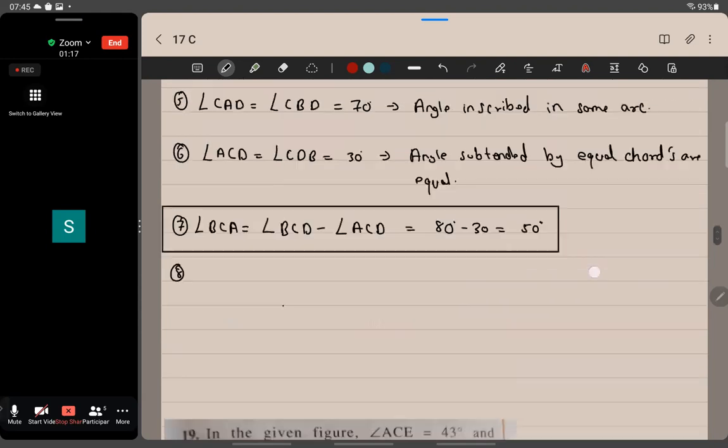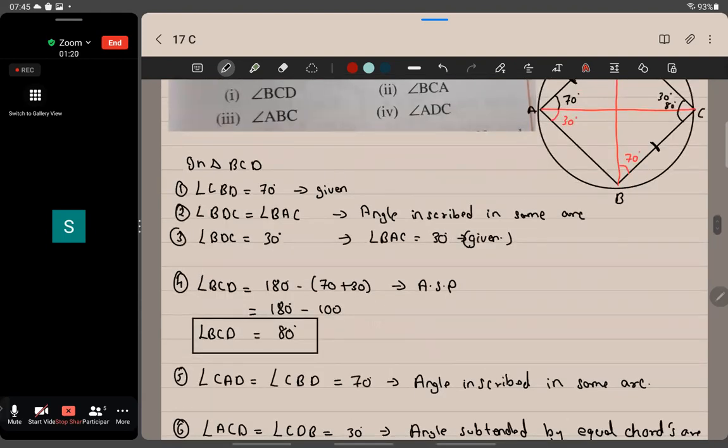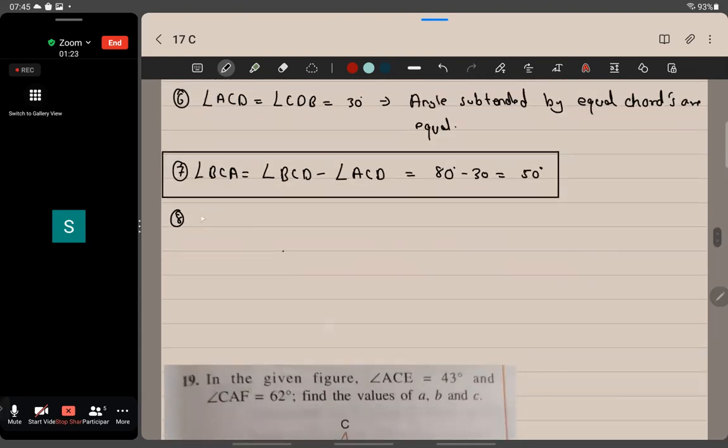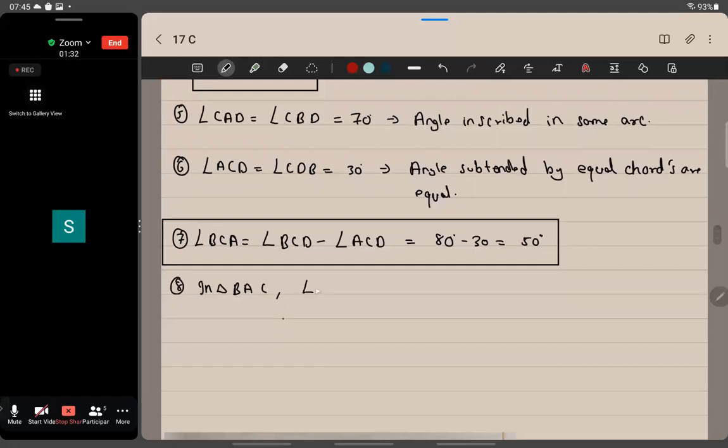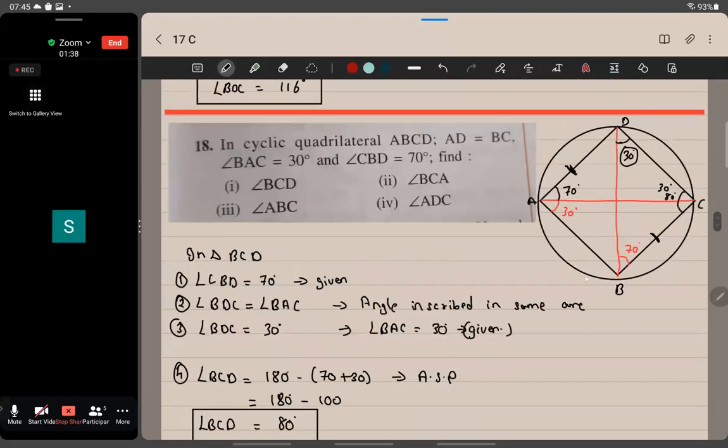Now, once we find BCA, using triangle property in triangle BAC, see triangle BAC.